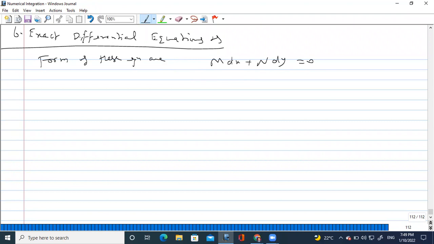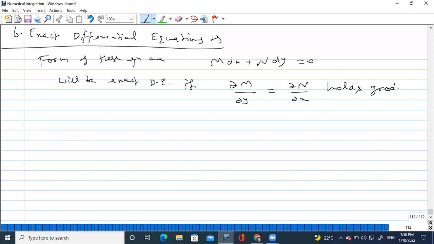But to declare it an exact differential equation, we have to check one test. Such an equation will be an exact differential equation if del m by del y is equal to del n by del x holds good. If this holds good, then only you can say that this is an exact differential equation.